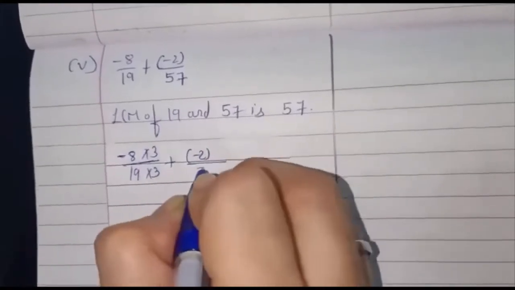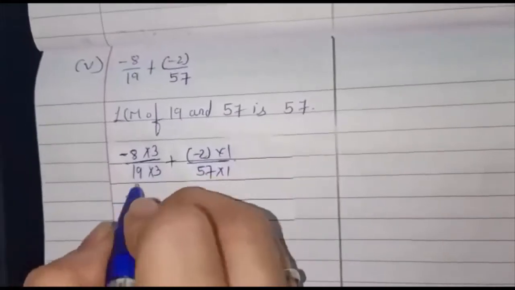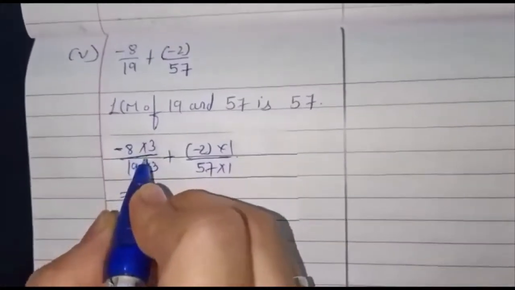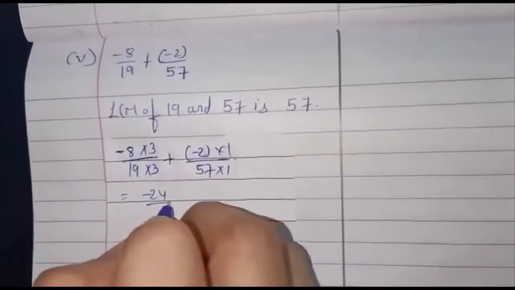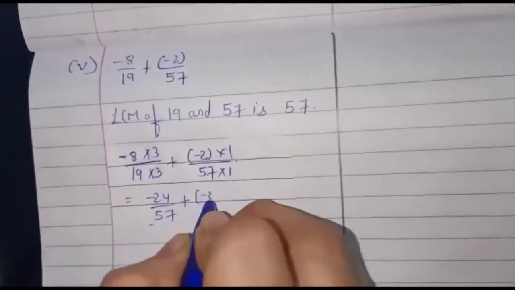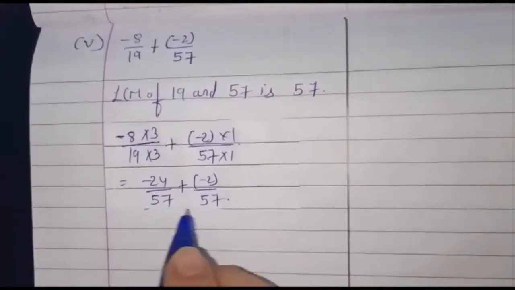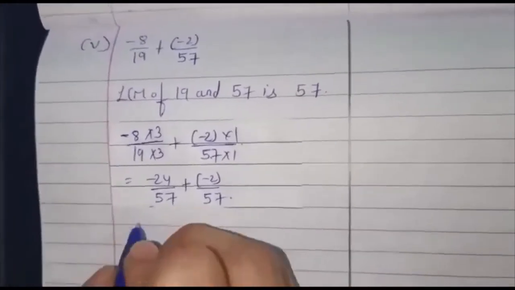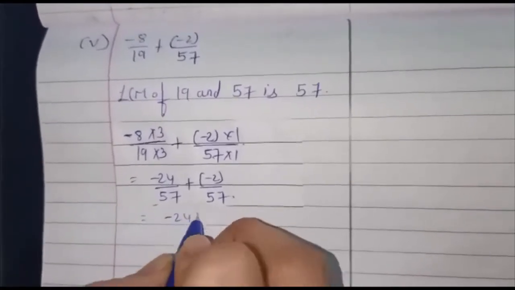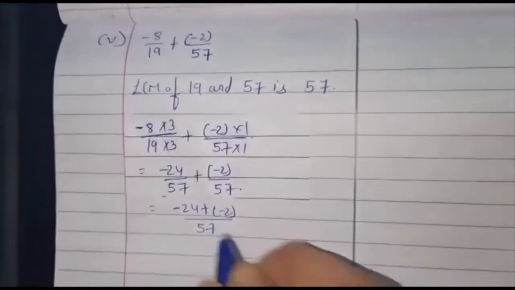And minus 2 upon 57 is already 57, so just multiply with 1. Now minus 8 into 3 gives minus 24, and 19 3s are 57, and here as it is, minus 2 upon 57. Now the denominators are equal, so I can simply add. Minus 24 plus minus 2 upon 57.